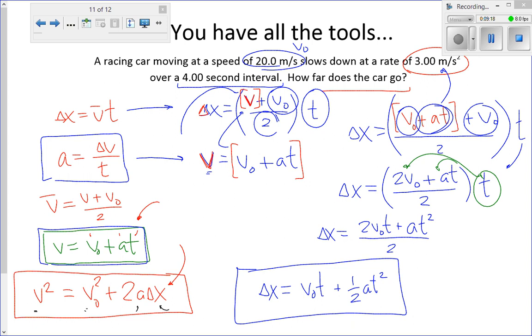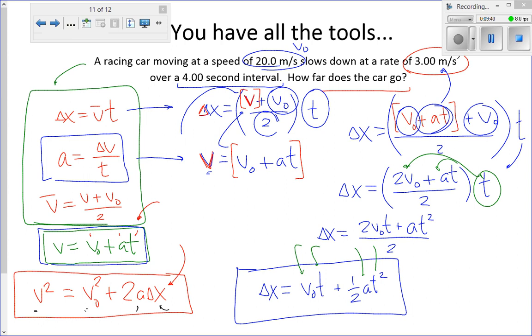What's great is that you have all the tools to solve this problem, and you had them before we came up with these new equations, but you'd have to use at least 2 equations. Now, we're given in this problem the initial velocity, the time, and the acceleration, and we find out how far it went in one shot.